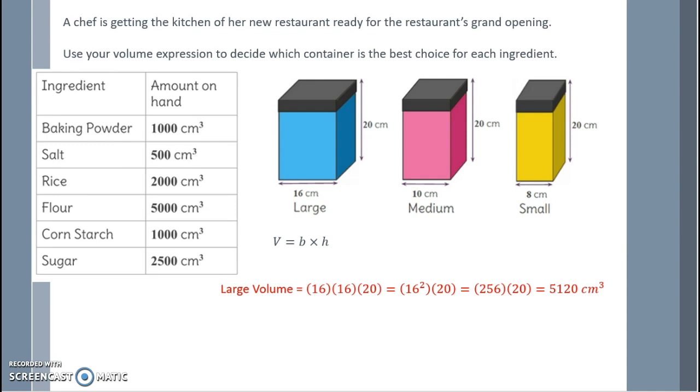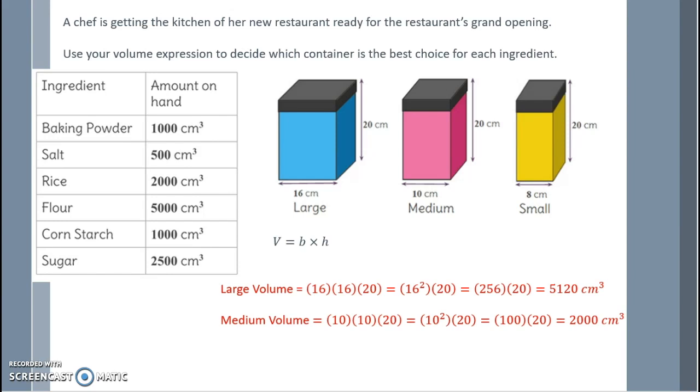So when I look at my large container, we have 16 times 16, so width times length times height, 20. This is the same as 16 squared times 20, and 16 squared is 256 times 20, so 5,120 centimeters cubed.